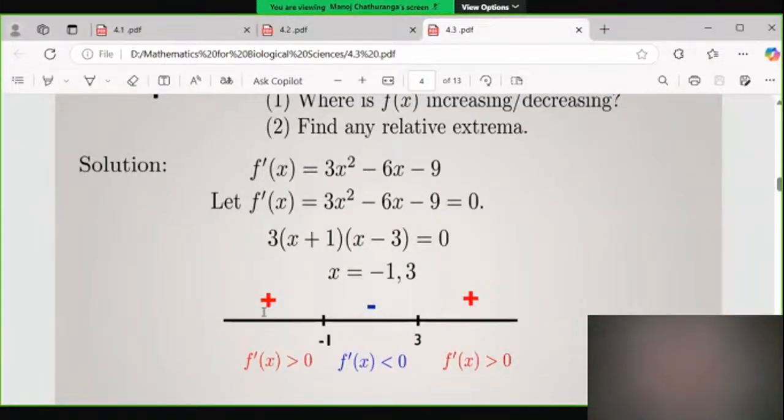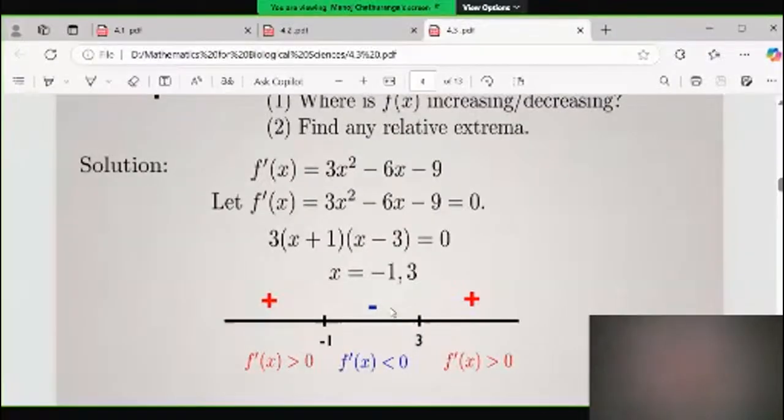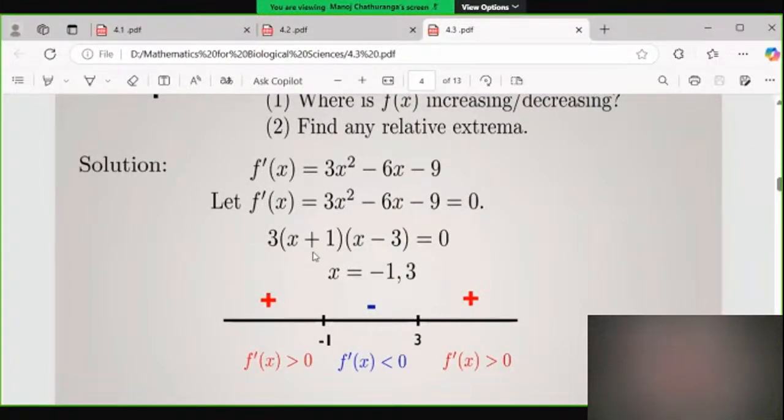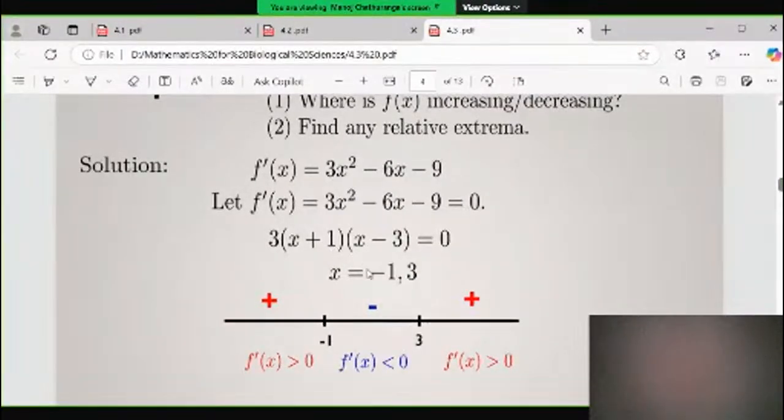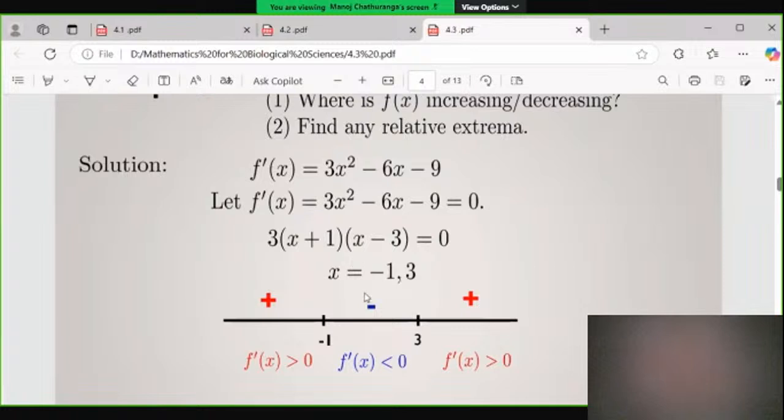Derivative positive means the function is increasing, minus means decreasing, again plus means increasing. So the function is increasing and reaches some point at -1, and then it starts decreasing. So -1 must be a relative maximum for the function.